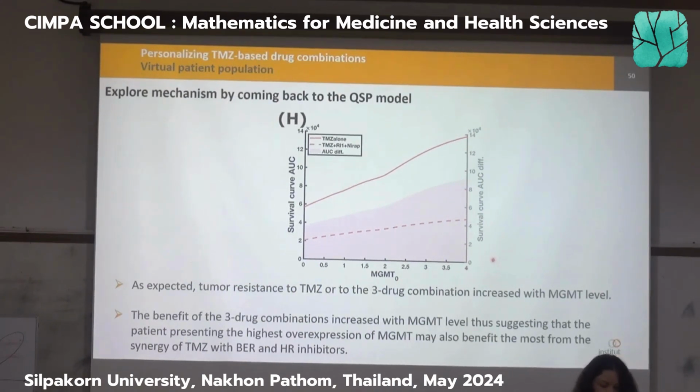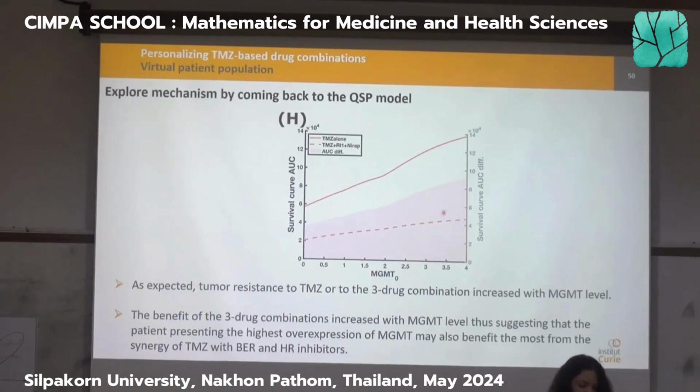As you can see, as expected, the tumor resistance to temozolomide increases with MGMT level, in the sense that the AUCs here are increasing with MGMT. The more MGMT you have, the more resistant you are, which is expected. But something nice to see is that this area also increases, in the sense that the difference between those curves increases.